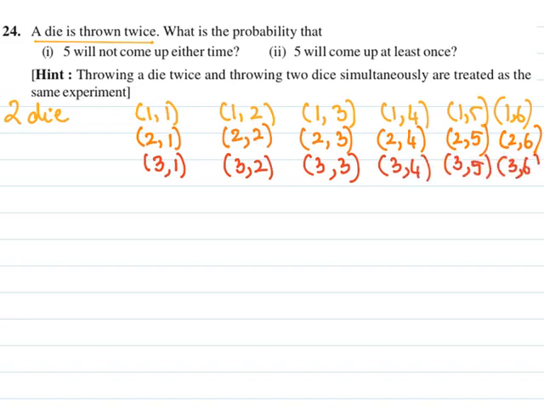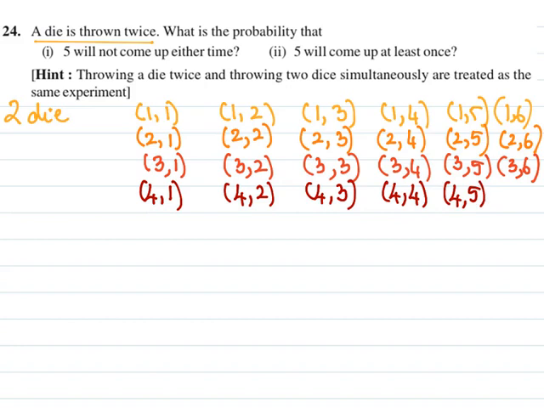3,5, 3,6. So here is 4,3, 4,4, 4,5, 4,6.